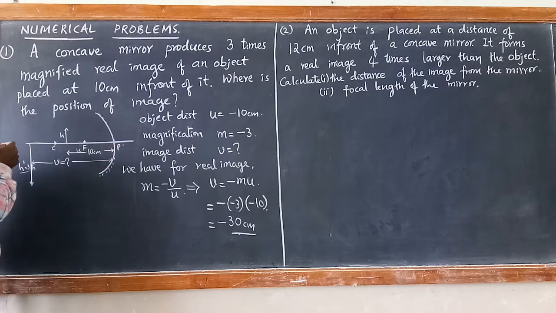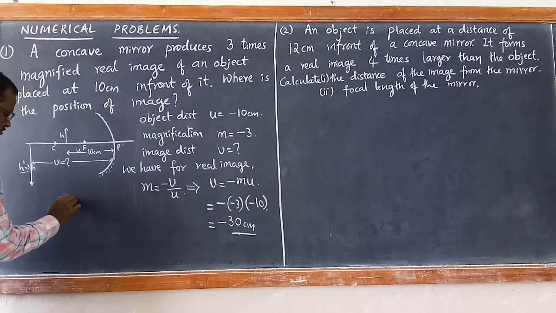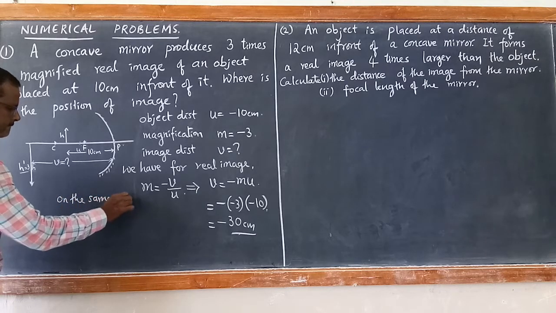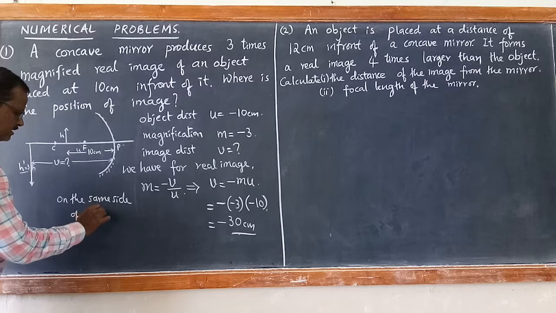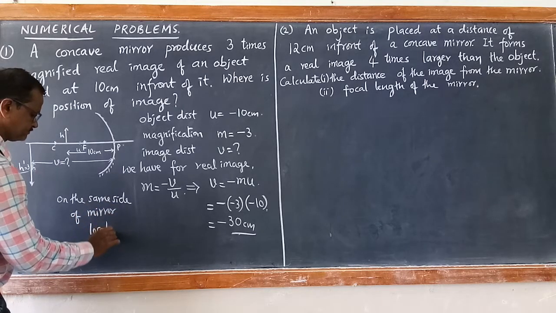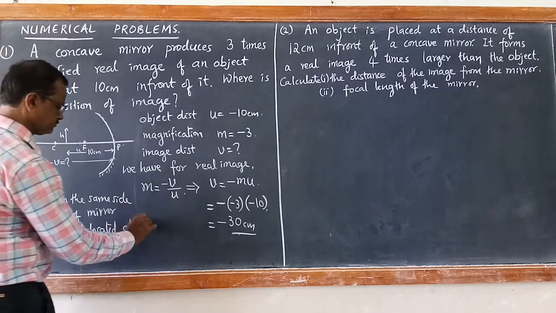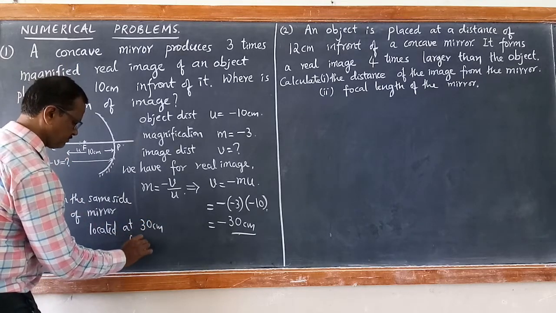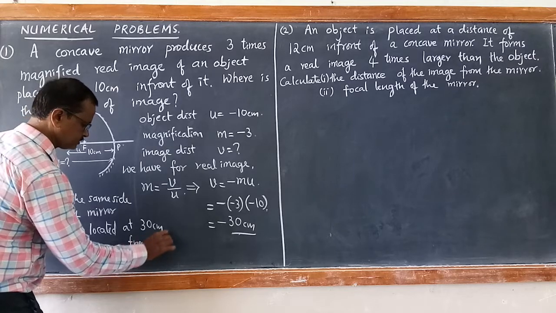It means it is on the same side of the mirror, located at 30 cm from the pole.